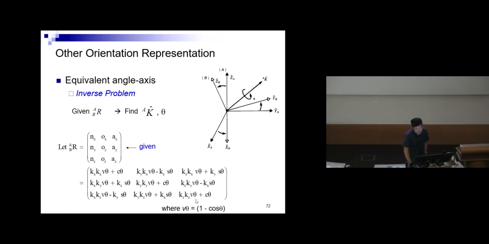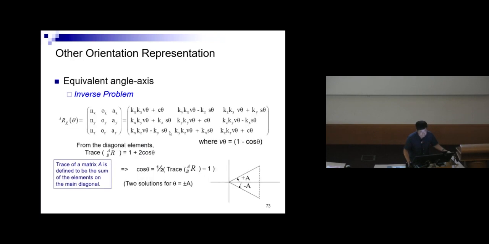This is equal to the equivalent angle axis matrix that we have. So same thing, you equate them together, and you can form the diagonal elements. You can actually find that the trace of ABR is equal to 1 plus 2 cosine theta.